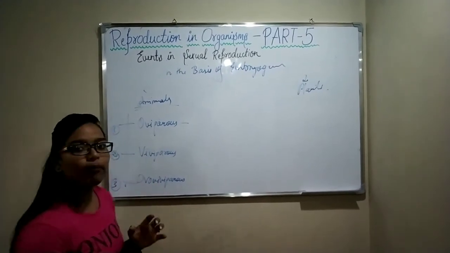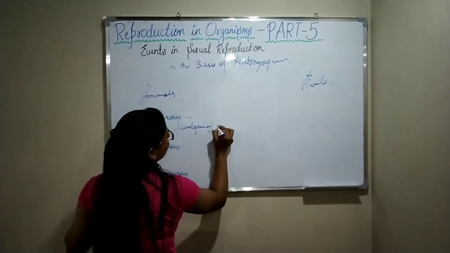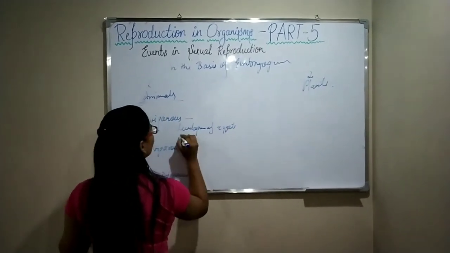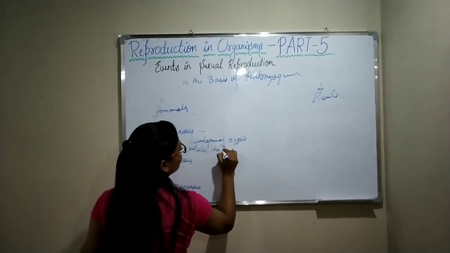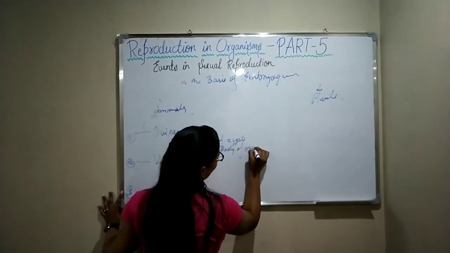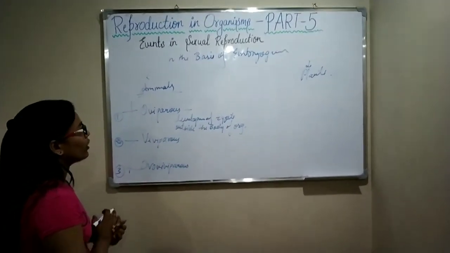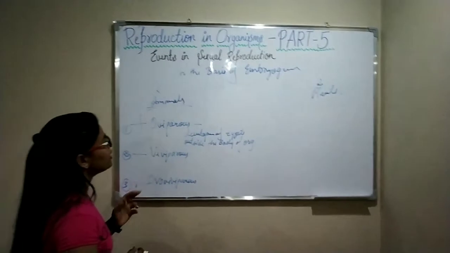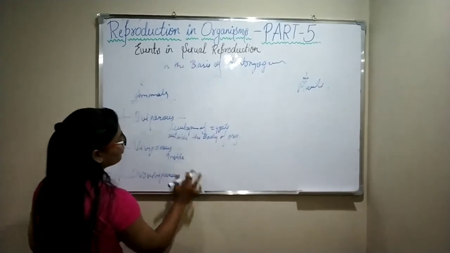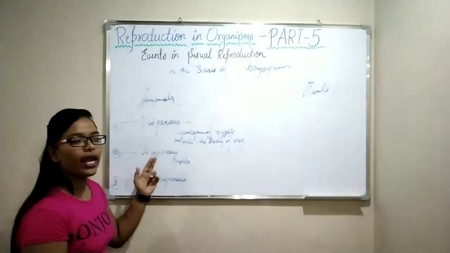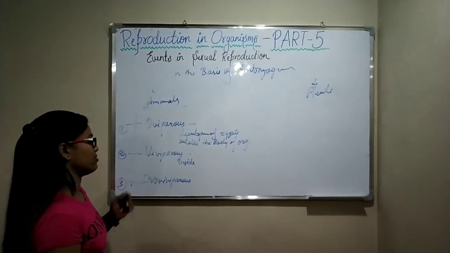Oviparous is the development of the zygote outside the body of an organism. If there is development of the zygote outside the body of an organism, it is oviparous, and if it is inside the body of an organism, it is known as viviparous.